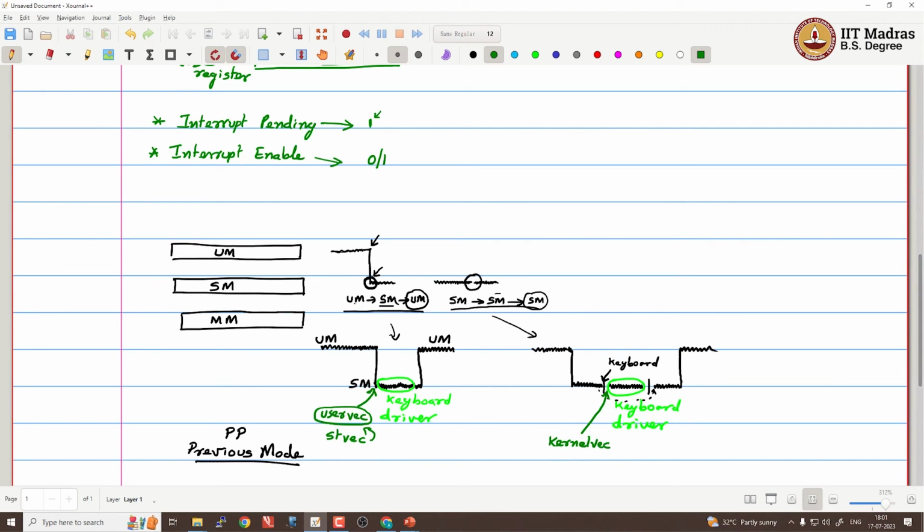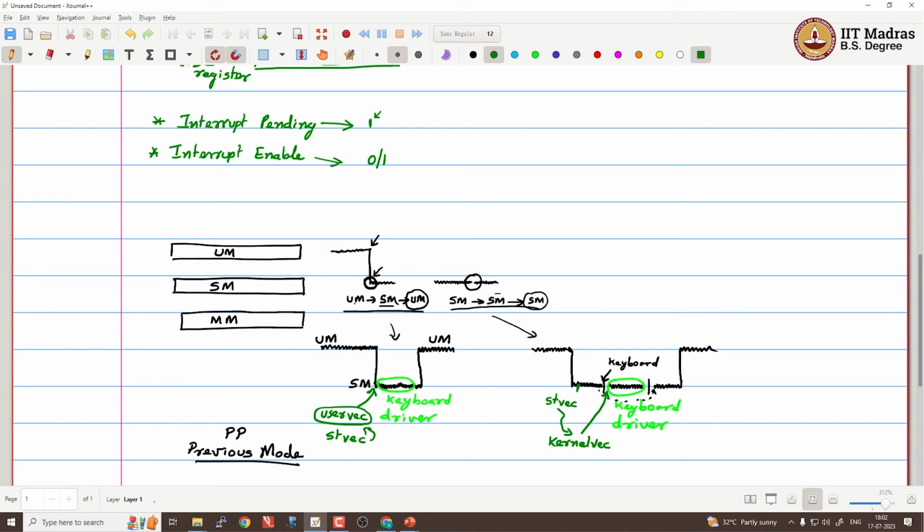Okay, so the kernel vec function executes because soon after switching to kernel mode, we set the Stvec to point to the kernel vec function. In other words, if I look at how the Stvec changes: while user mode is executing, the Stvec holds the address of user vec.